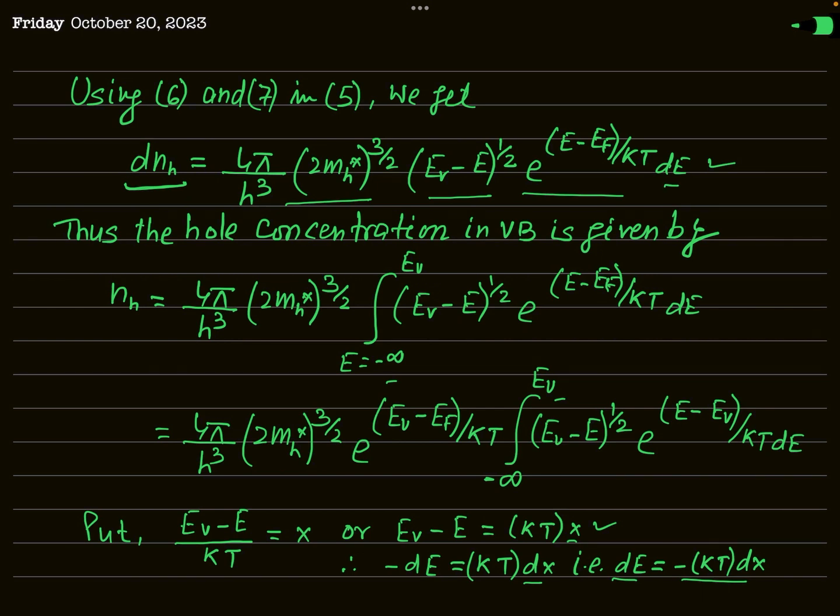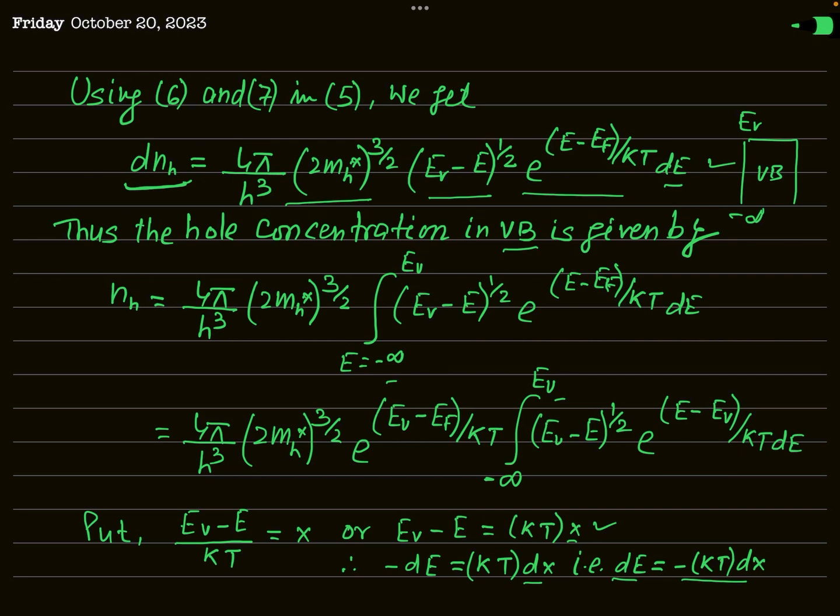You can see the energy E in the valence band varies from minus infinity to EV. So if you integrate this equation between these two limits of E, you will get the concentration of holes in the valence band.